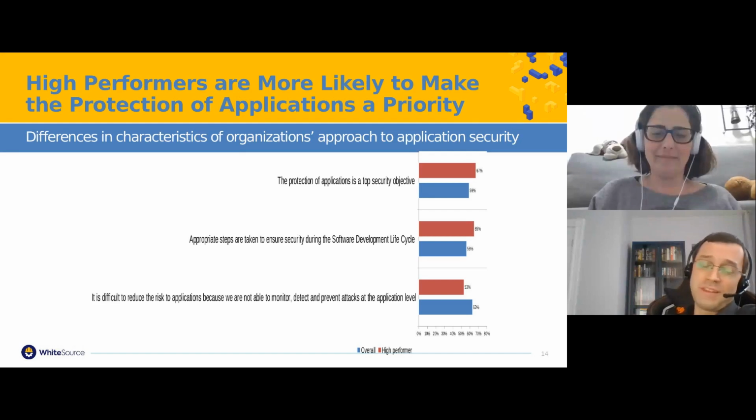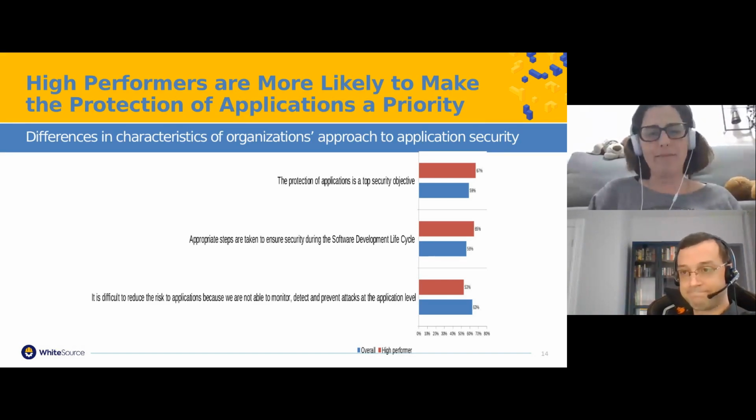And then ultimately you have to know how to fix it, which is the last step of that maturity journey. Everybody's in a slightly different place, but it's fair to say that the high performers are farther along that journey.